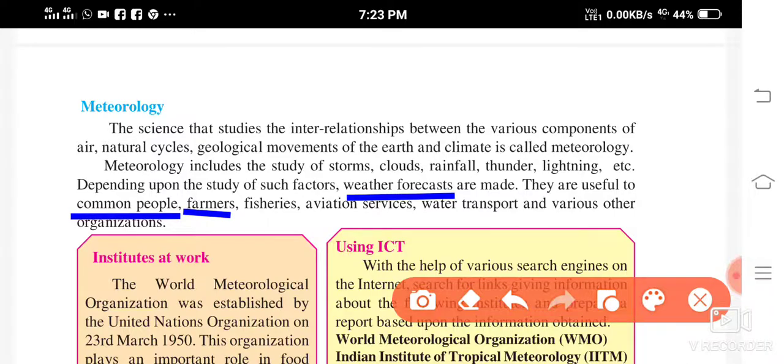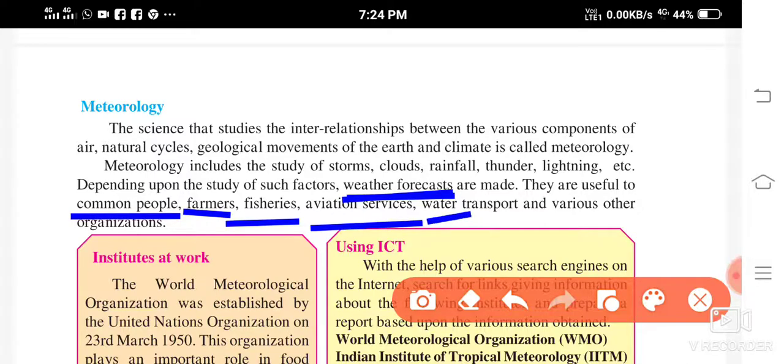Then fisheries, if they want to go out on the sea and all, especially they will depend on the weather forecast. Then aviation services, means related to air flights, that is the aeroplane, hot air balloons and all. Their services also depend on this weather forecast.